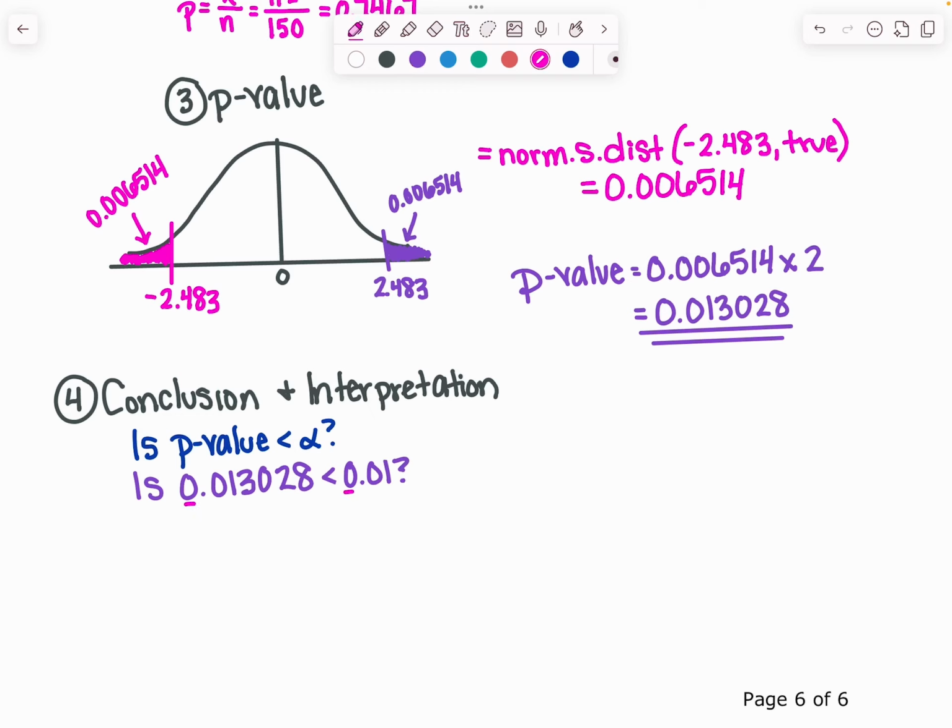So again, I'm going to look a digit at a time. Those are both zeros. And then we have our decimal point. And then zeros again. And now I have a 1. And now I have a 3 versus a 0.